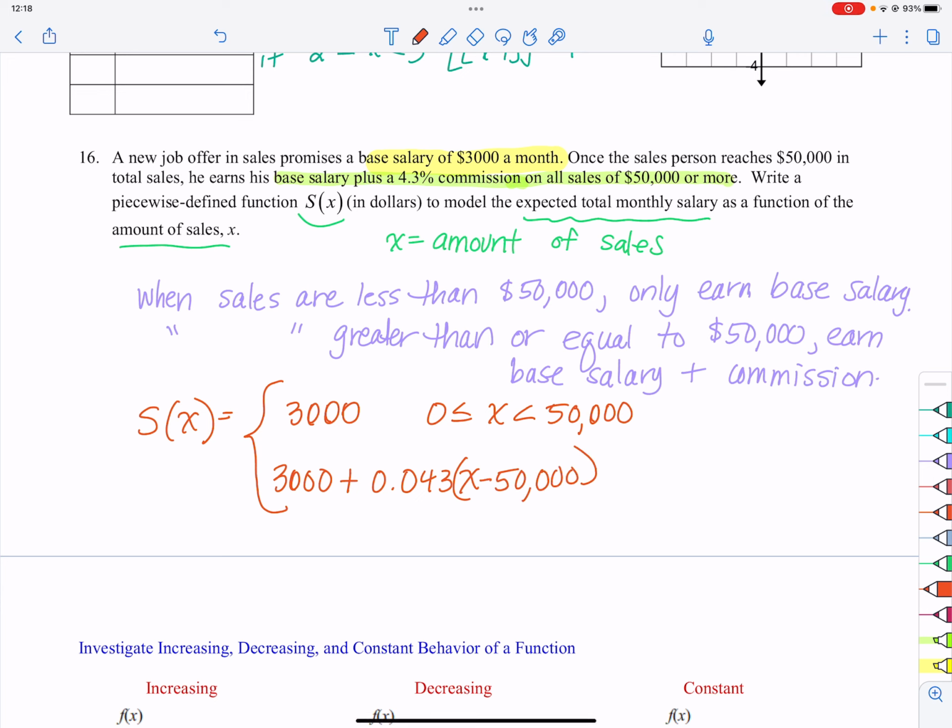So this is the amount in excess of $50,000, okay? Because we've already been paid the $3,000 for up to $50,000. And that is going to be when x is greater than or equal to 50,000.